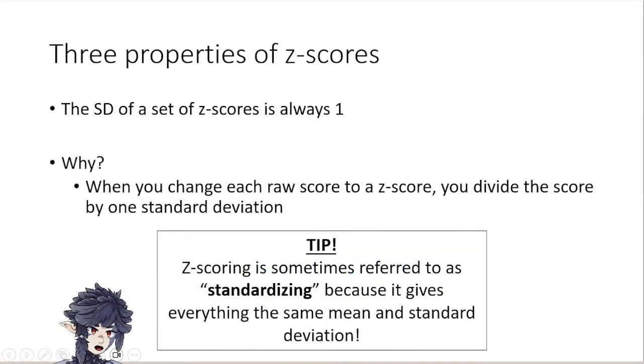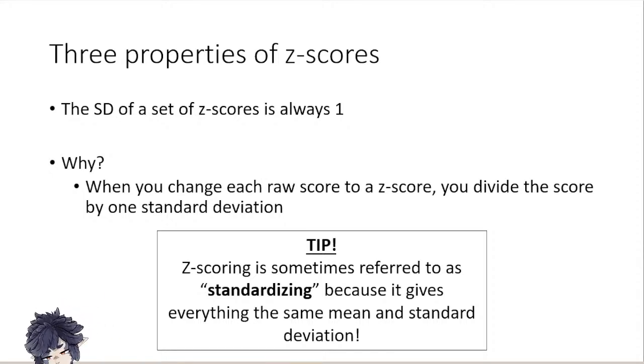So I earlier referred to z-scores as standardized scores. Z-scoring is one way to standardize scores. And what this means is no matter what scale I start on, so maybe I'm using Kaiju number 8's Unleashed Combat Power on a scale of 0 to 100, or Dragon Ball Z power levels that go up into the hundreds of millions, or Shaman King's measure of mana, which goes into I think the tens of thousands.